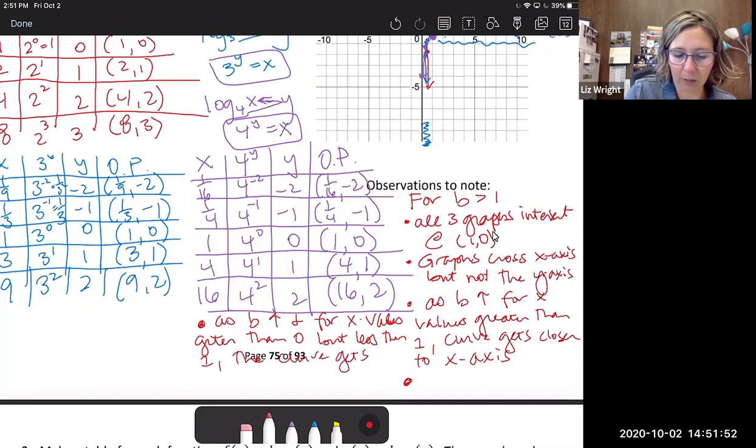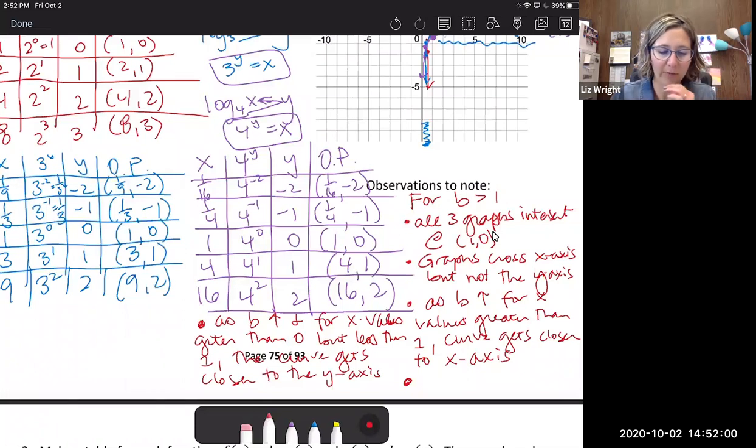Gets closer to the y-axis. I abbreviated some of the words in there, but that says as base increases and for x values greater than 0 but less than 1, so again, that's going to be for situations like that, the curve is going to get closer to the y-axis.